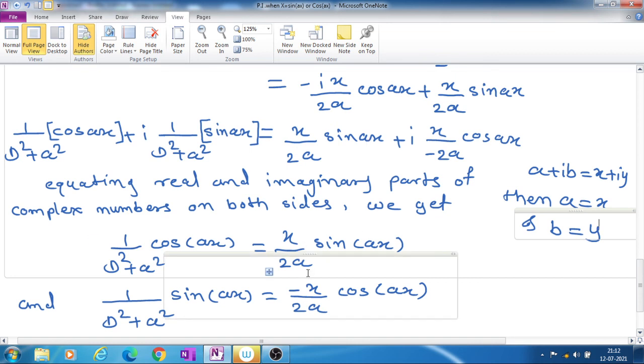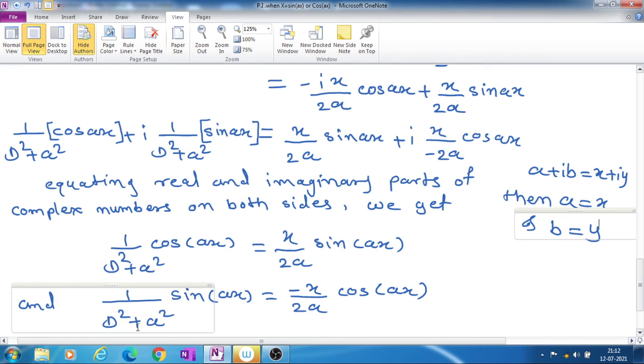So 1 upon D square plus a square cos ax is equal to x upon 2a sin ax. Similarly equating imaginary parts, here is 1 upon D square plus a square sin ax, and here the imaginary part is x upon minus 2a cos ax. So 1 upon D square plus a square sin ax is equal to minus x upon 2a cos ax.